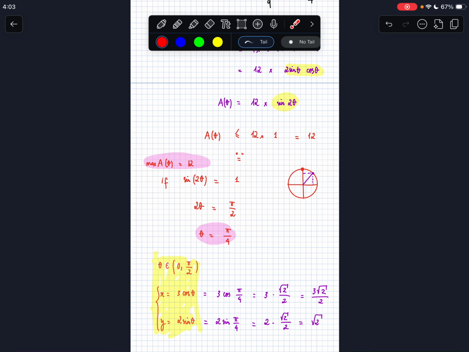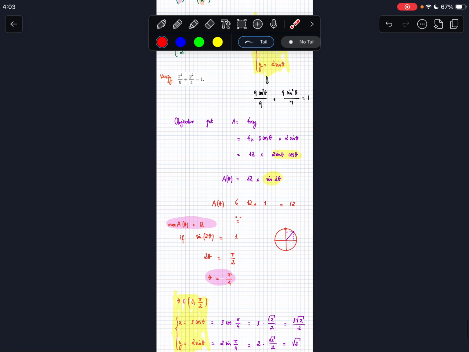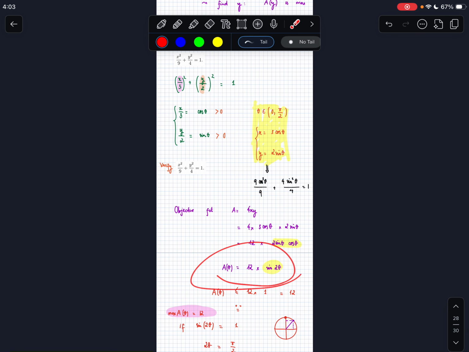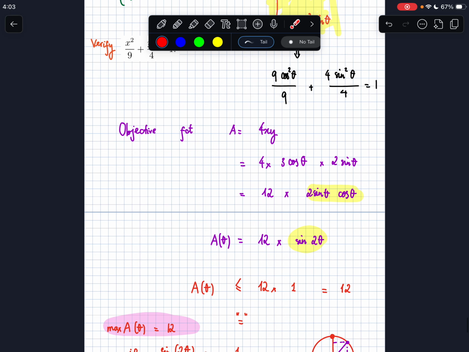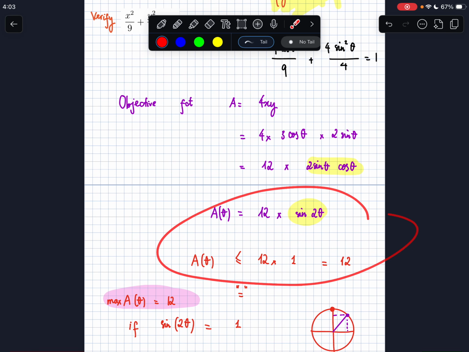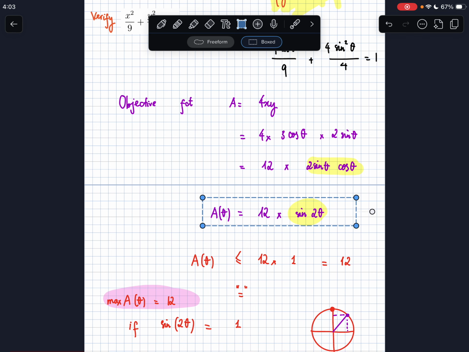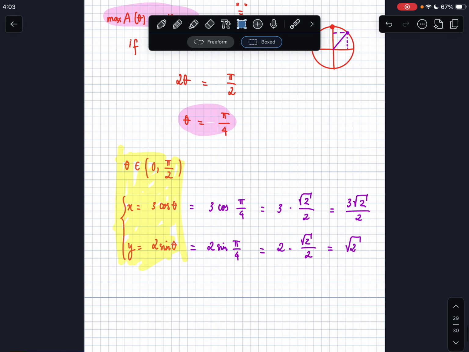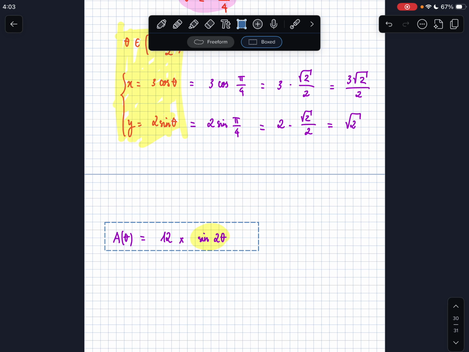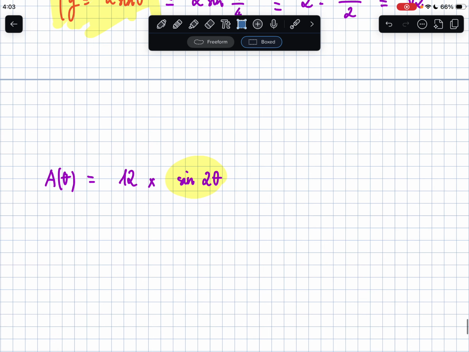Now one remark: you didn't see me computing A prime. Usually we have the objective function and we need to compute the critical point. That is actually hidden inside here. This is our objective function. So, a note: theta is between 0 and pi over 2.